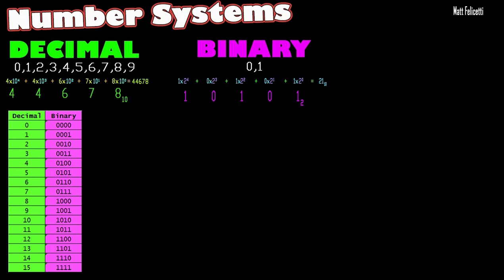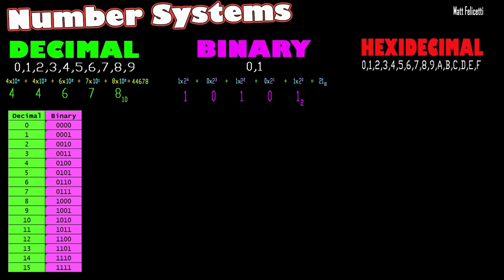The last important number system that we're going to look at is hexadecimal, or base 16. This is a very handy number system because it's very easy to convert to and from binary, and also it's a shorter way to write out numbers, as we'll see shortly.